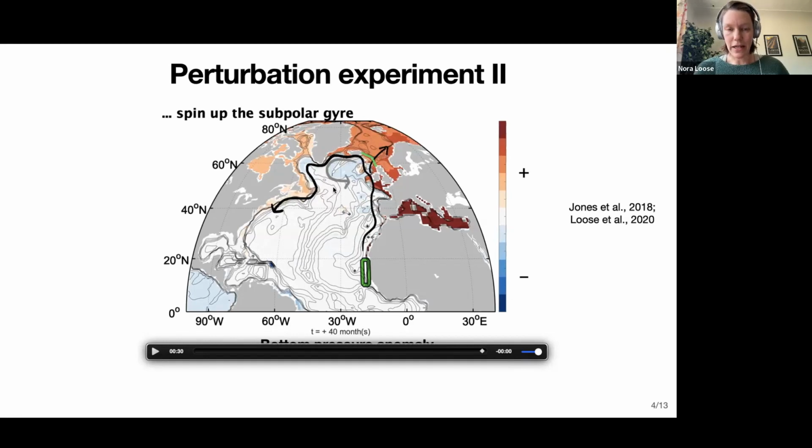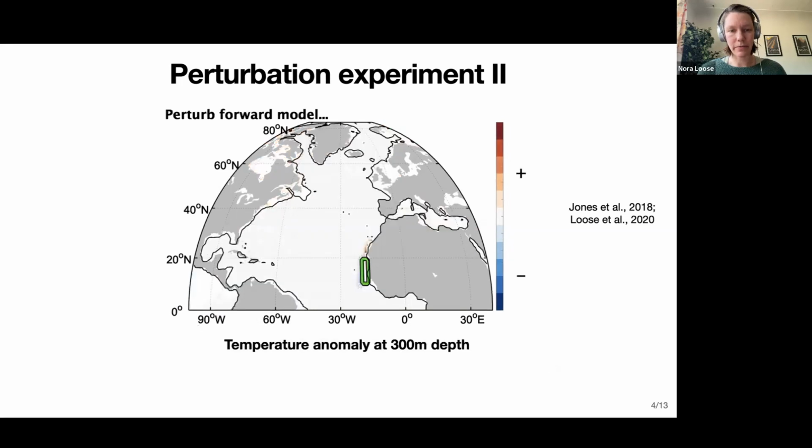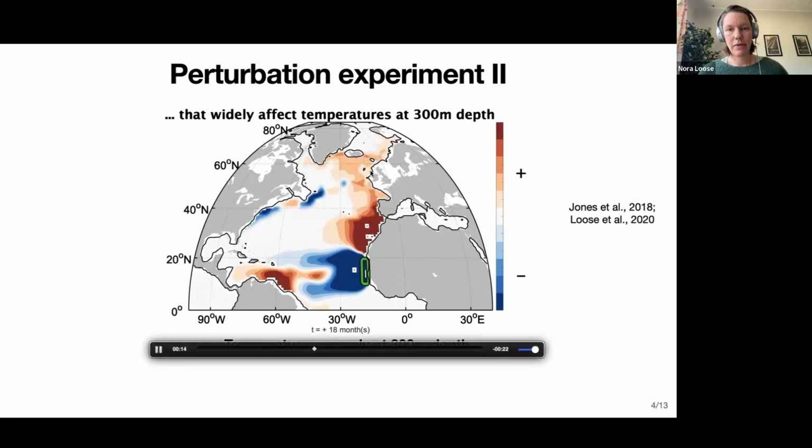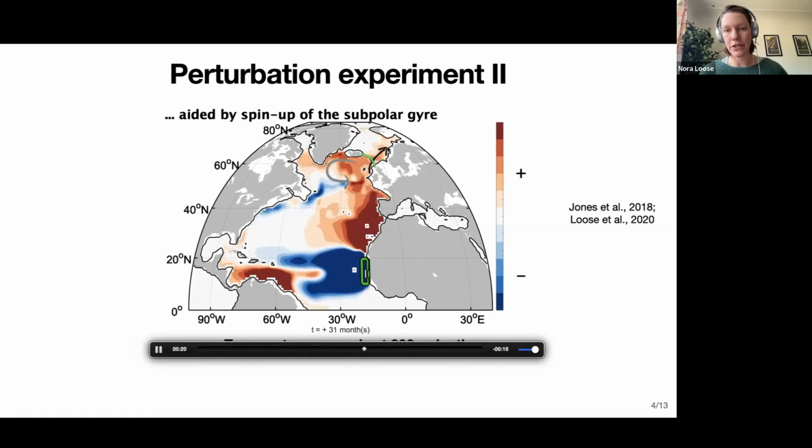So we can now look at the response in subsurface temperature. At low latitudes, we see the effect of baroclinic Rossby waves that propagate temperature anomalies from the eastern boundary westward. But further north, we see a warming of the entire subpolar gyre, including a larger heat transport across the Iceland-Scotland Ridge.